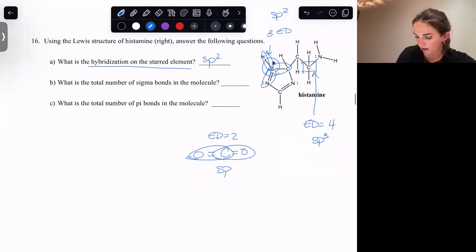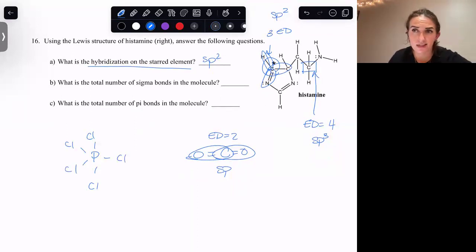Right? We could have something where it was this guy here. How many electron domains are on phosphorus? Good, there's 5. So our hybridization is now going to come from the s orbital first. How many p orbitals are there? Good, there's 3p.